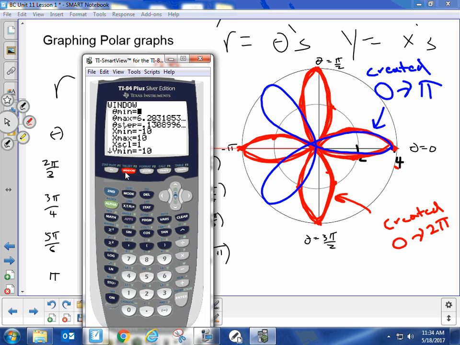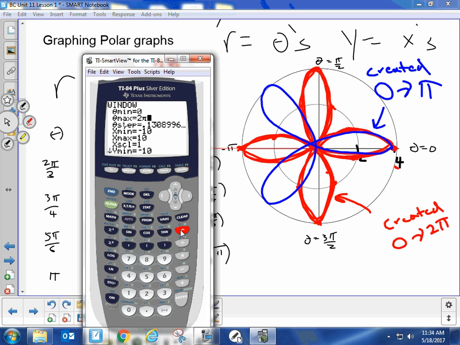I'm going to adjust my window to 4 pi. Now, if I adjust my window to 4 pi, we should see it go over it again. So here is 0 to pi, and then we are going over it again because I've increased the thetas that the calculator is plugging in to be between 2 pi and 4 pi. Okay, so great. Keep that in mind.